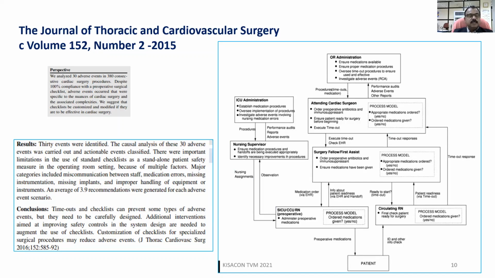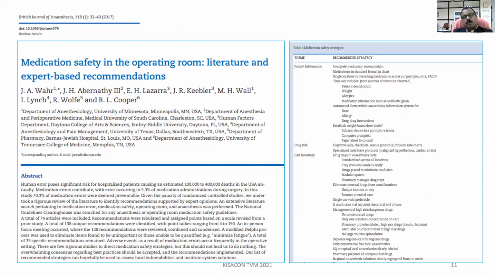So they suggested that checklists be customized and modified if they are to be effective in cardiac surgery. These studies all state that the checklist is definitely a good form of intervention in improving patient safety in the theater, but that is not enough. We need to do more.